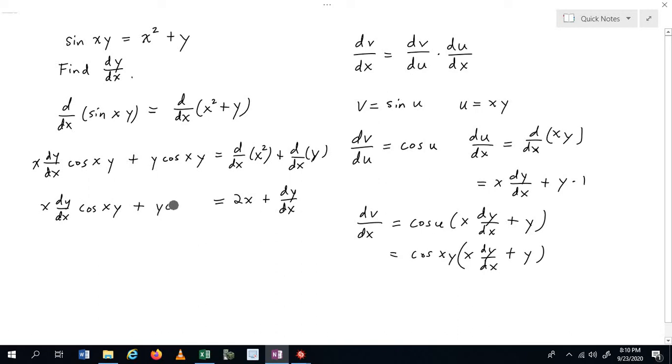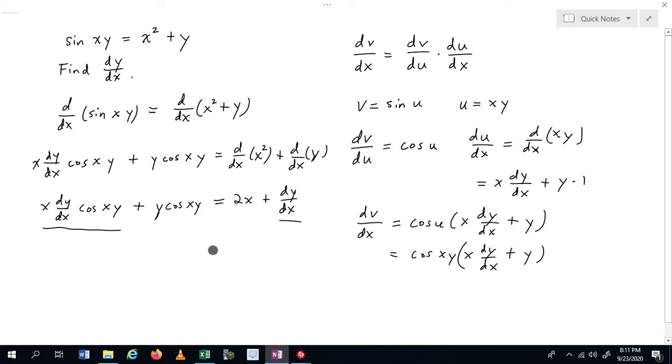Okay, and so the last thing we have to do is to solve for dy/dx, because that's what we're trying to find here. The problem is dy/dx appears in two different terms, this one and this one. So anytime that happens, there's a systematic way to isolate the dy/dx.